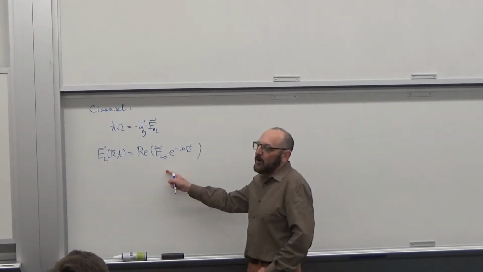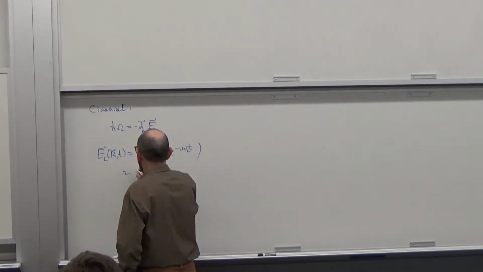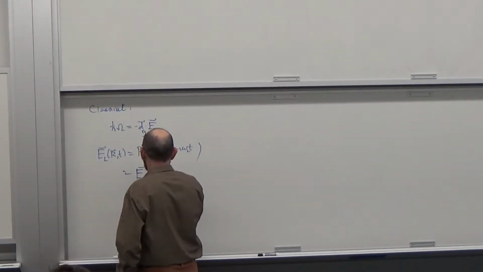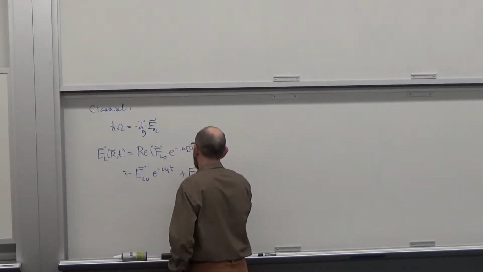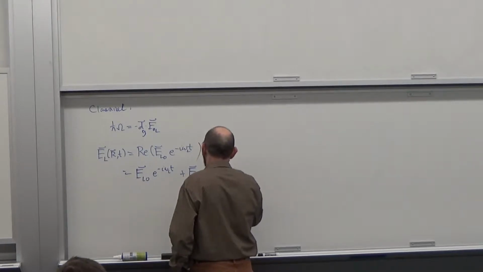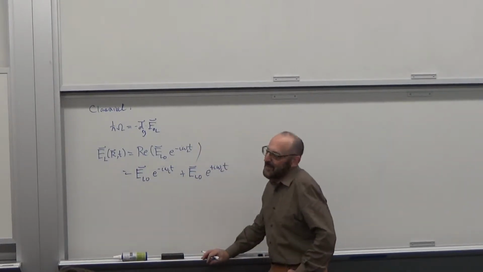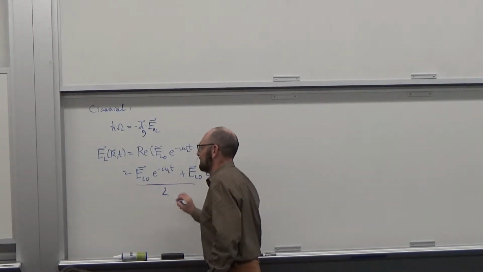Now the real part of this is equal to this plus its complex conjugate. And if I take this to be linearly polarized, then I'll just take that to be real. Right? I could make a star here if I wanted to. Over 2. Right?